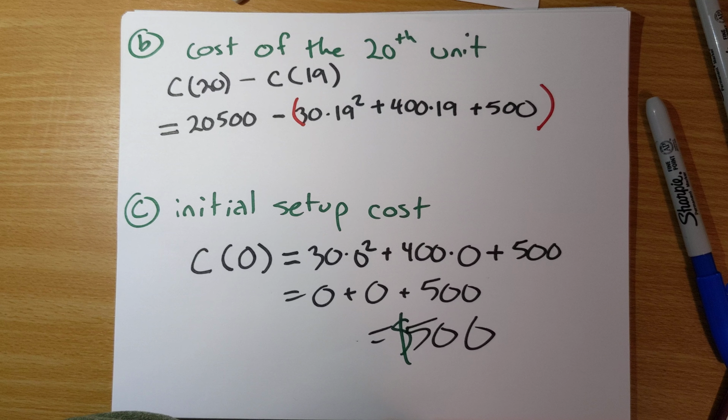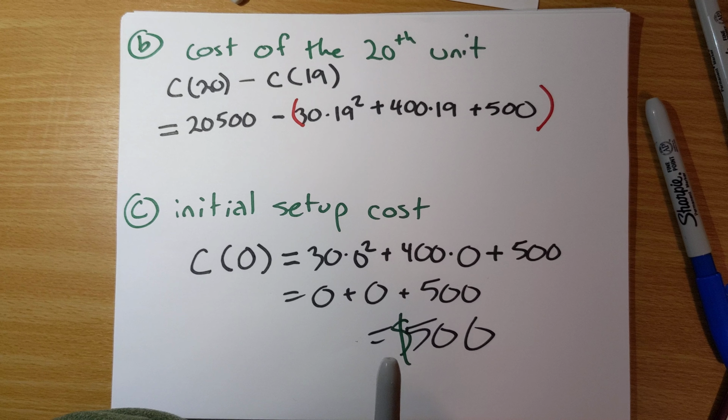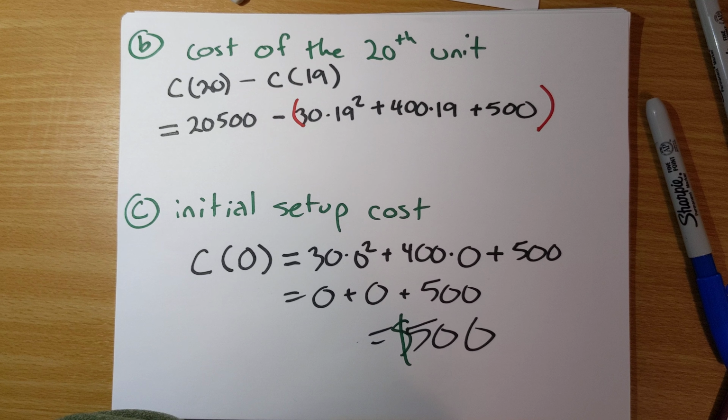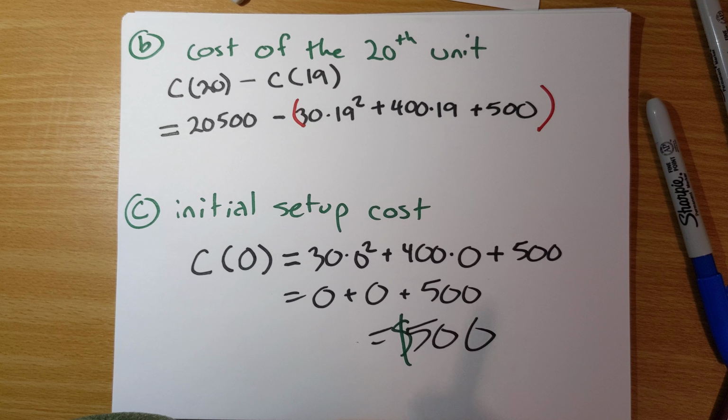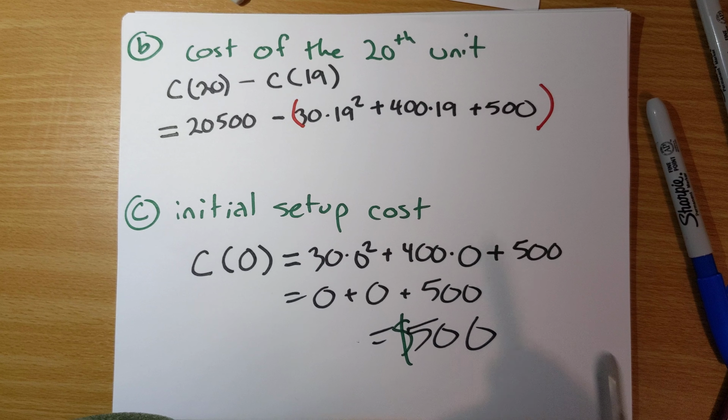If you want to start your own factory, you've got to build the factory, you've got to buy equipment, you've got to do all of that stuff before you've made a single unit of your product. That's the initial setup cost. This is why the answer here is 500. And we shouldn't be too surprised then that that answer is actually bigger than 0.